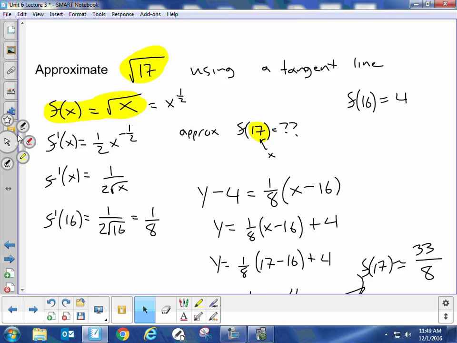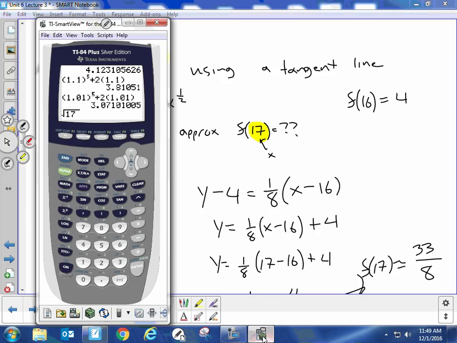Let's see if I'm right. Square root of 17 is 4.123. 33/8 is 4.125. Boom. I was right. This is a little bit above my actual answer.